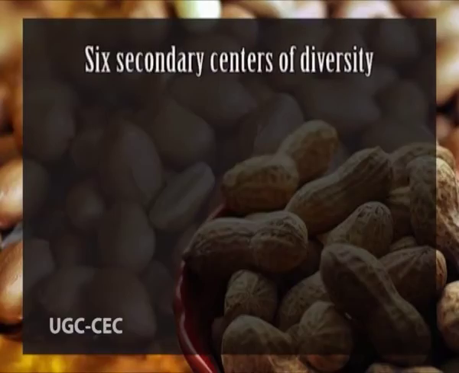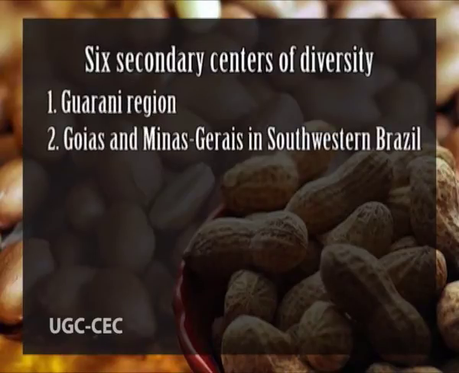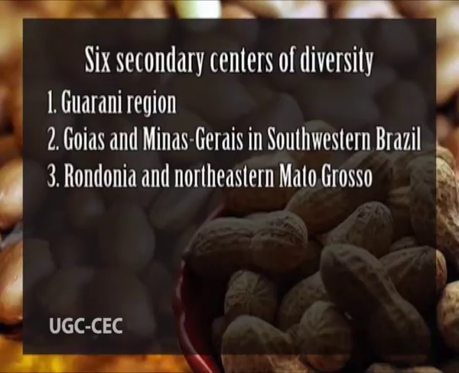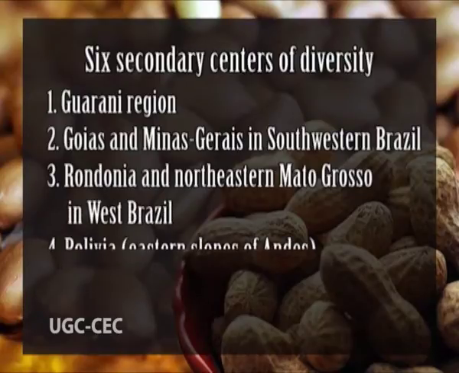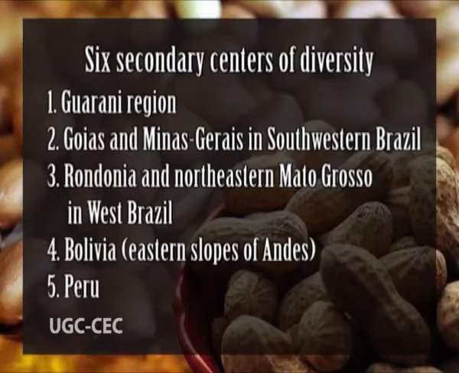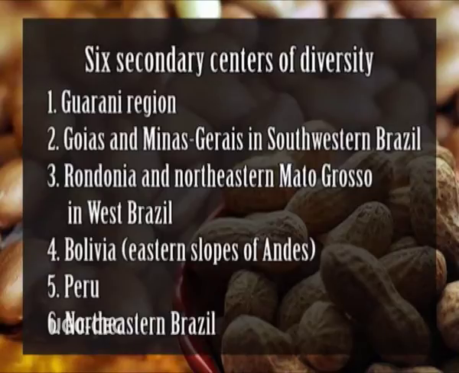However, Krapovickas believed that Arachis hypogaea probably originated in Bolivia and northwest Argentina on the eastern slopes of the Andes Mountains. In addition to this, 6 secondary centers of diversity are also recognized, which are Guarani region, then Goiás and Minas Gerais in southwestern Brazil, 3rd, Rondônia and northeastern Mato Grosso in western Brazil, 4th, Bolivia, eastern slopes of Andes, 5th, Peru, and 6th, northeastern Brazil.